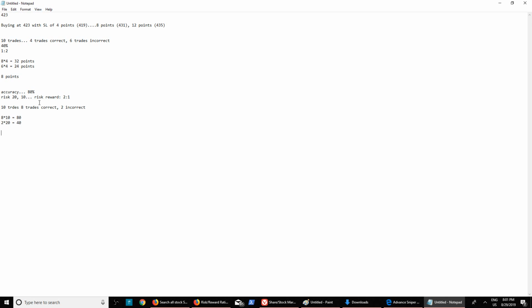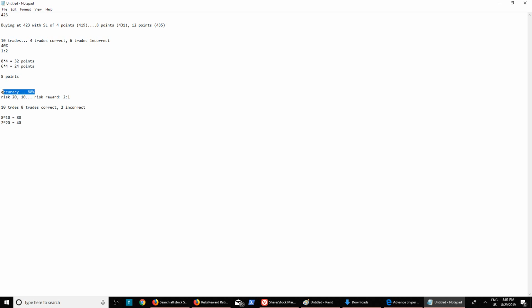So these are the 2 things which you have to keep in mind. If you are looking at risk reward where risk is less and reward is more, accuracy is not very important. It can be even 40%. But on trades where your risk is more and reward is less, say risk is 2 and reward is 1, your accuracy has to be very good.